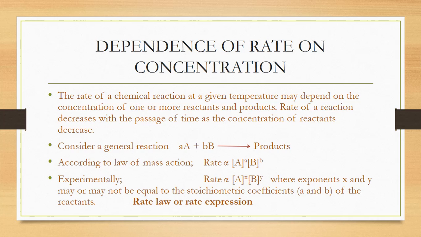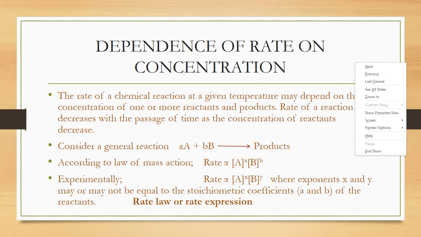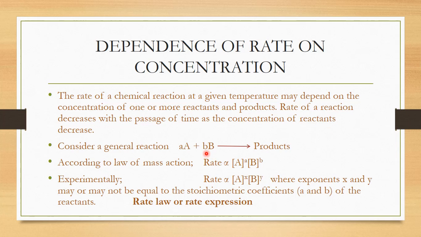Consider a general reaction: a moles of A plus b moles of B changes to products. According to the law of mass action, rate will be directly proportional to concentration of A raised to power a into concentration of B raised to power b.